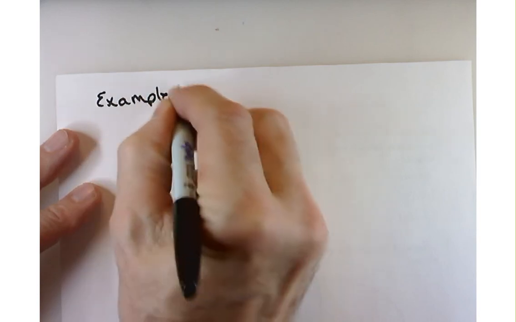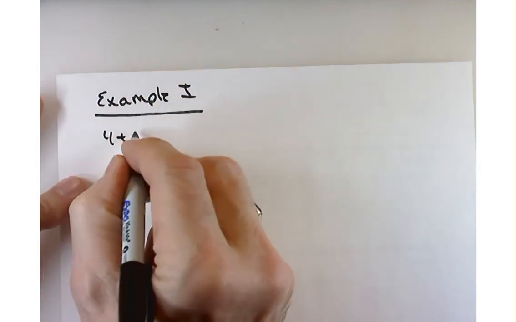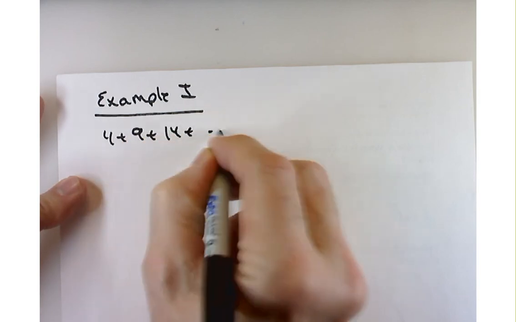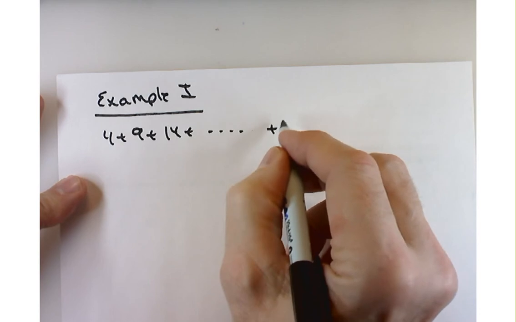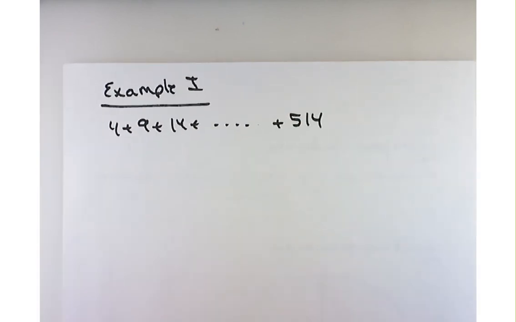Example I. And this one's going to look like this: 4 plus 9 plus 14 plus and so on, plus 514. And again, I probably expect somewhat bigger numbers on an exam. I'm not going to take your calculators away, but I would expect bigger numbers, because people can reverse engineer some of this a little too easily.